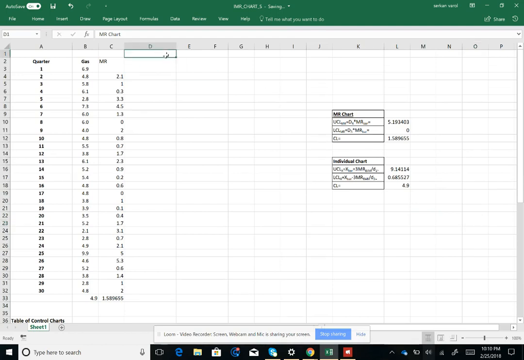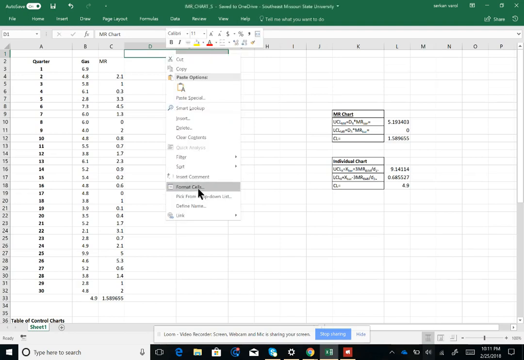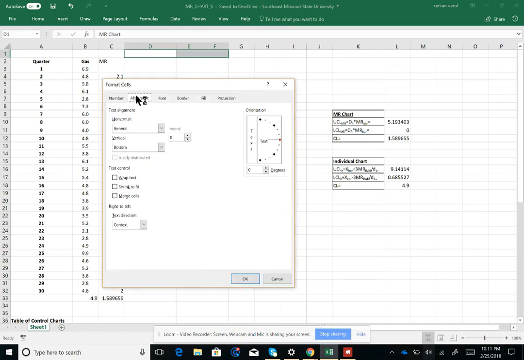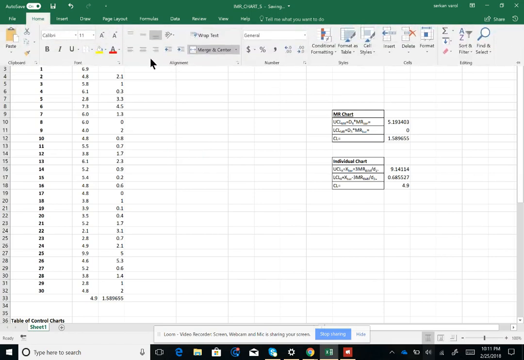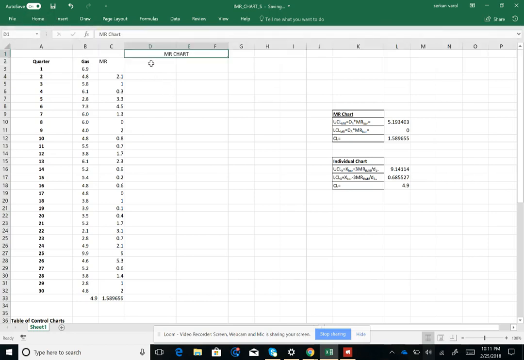Let's populate all these values in our D, E, and F columns. Right click, format cells. I'm gonna do merge cells because here I will write MR chart. I will be inserting all my control limits for my MR chart. So let's just center. Yes, this is center, right? Okay. All right.